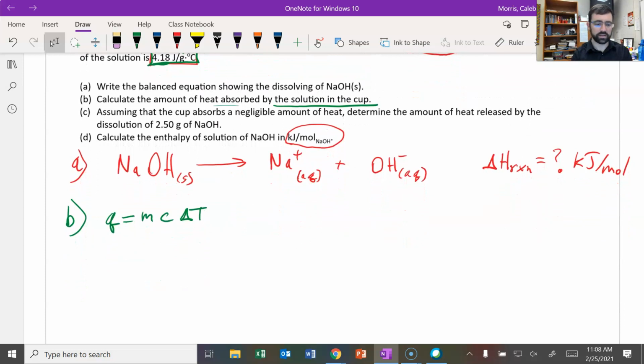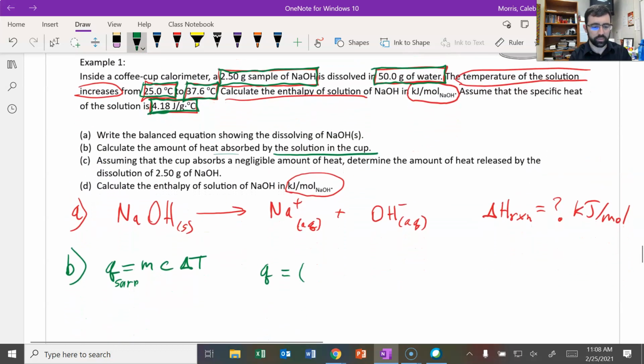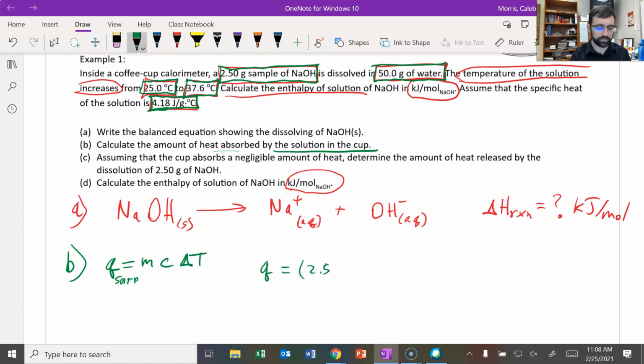So when I go to calculate this, of course this is for the surroundings, the mass is going to be 2.50 plus 50.0, times C, 4.18, times delta T, which is 37.6 minus 25.0.